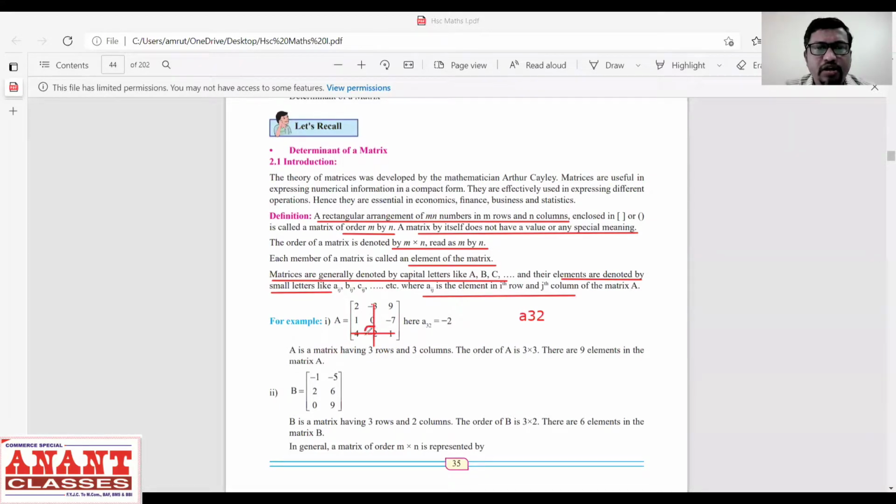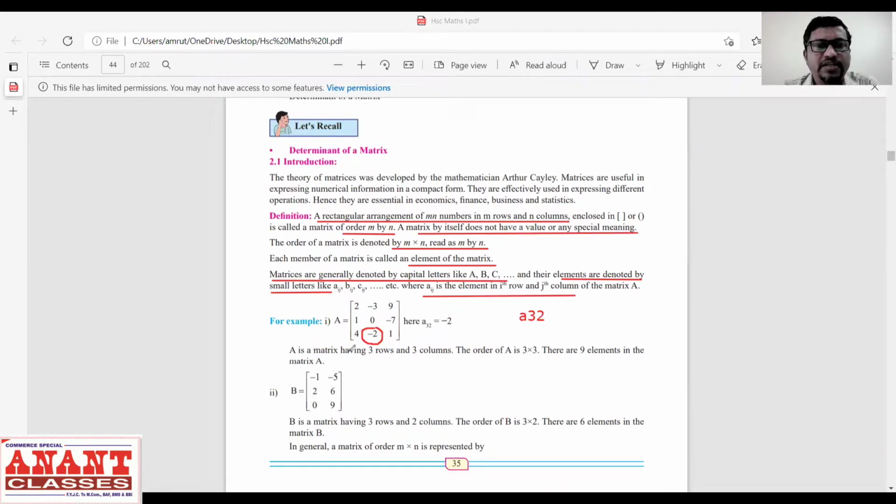So third row and second column means this value. Which elements are in the third row? 4, -2, 1. Second column: this is the first column, this is the second column. Third row, second column means this value, so here it is the value -2.